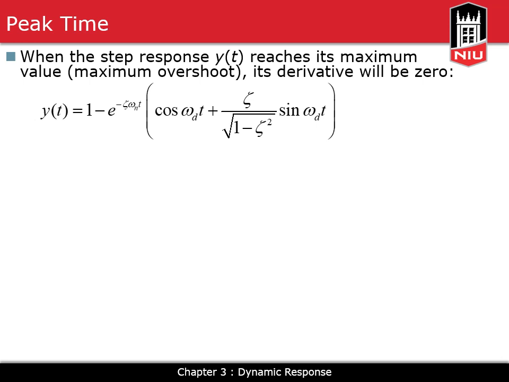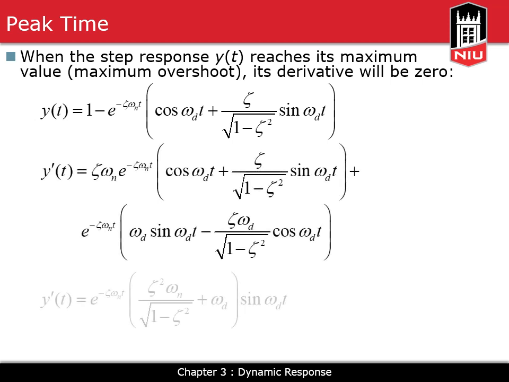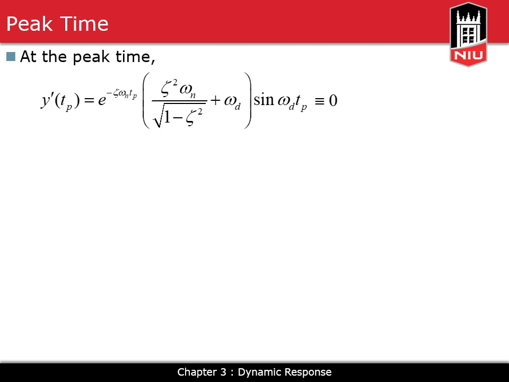The first maximum or minimum is the maximum overshoot we are looking for. So we take the derivative, we simplify the derivative. Again, I'm skipping the intermediate steps. And then we set that equal to 0 on the next slide. That should give us Tp, which is the peak time.